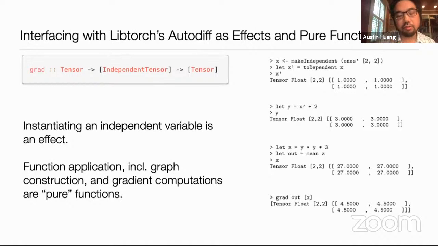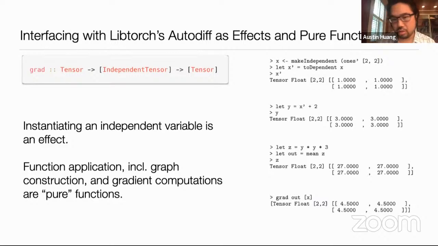But to you, it just looks like, okay, I'm adding one tensor to another tensor, and I'm taking the mean of this tensor, and those look like stateless, pure functions. So just by combining those two things, instantiating independent variables is an effect, and everything else is pure, you're able to get this pretty simple, clean interface to automatic differentiation, and that's something we can take advantage of libtorch to do.